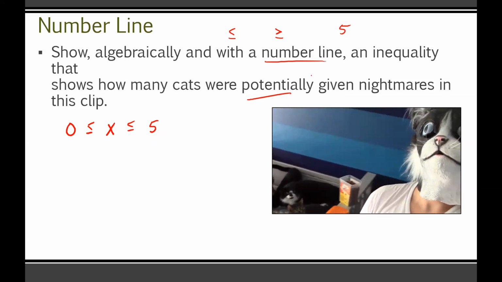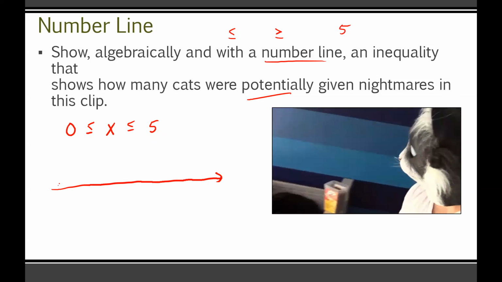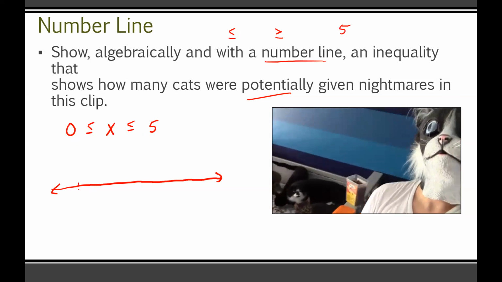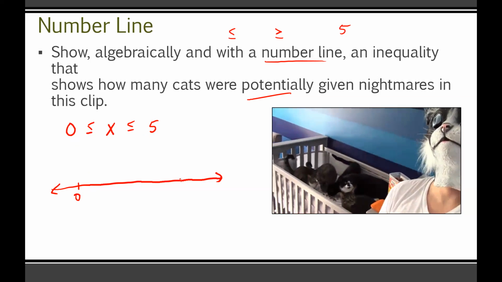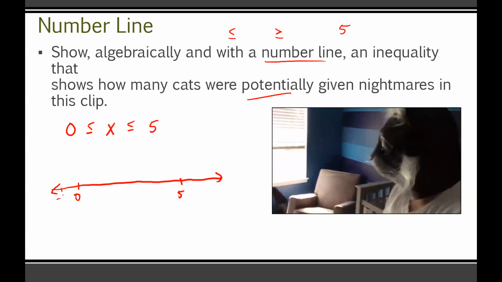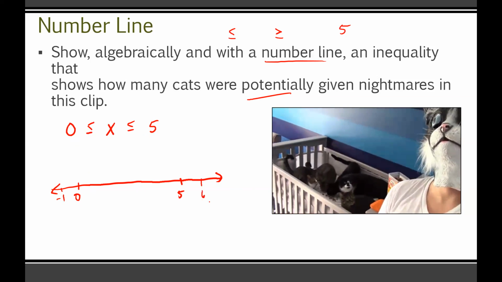Now, if we're going to do this with a number line, let's draw the number line first. Remember, this is a two-part number line because there are two potential numbers in here, 0, which I'll put way over here, and 5, which I'll put over here. Give yourself a little bit of wiggle room, so we'll say -1, although that doesn't make any sense in the context of this question. And we'll say 6 over here.